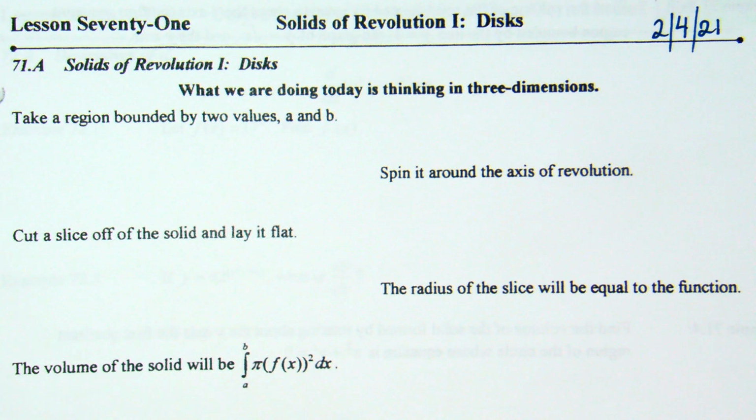Cut a slice off the solid, lay it flat. When you cut a slice off, it's a circle, right? That was the circle he was showing you. And then the radius of the slice will be equal to the function. And then, so notice what it says. The volume of the solid will be the integral from A to B of pi times f of x quantity squared dx.